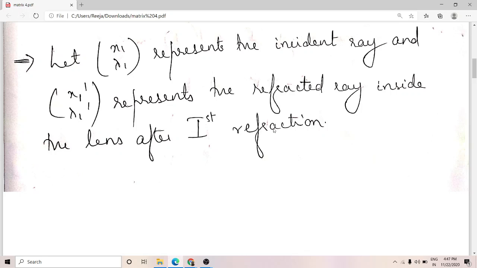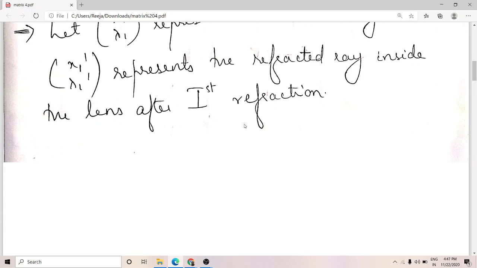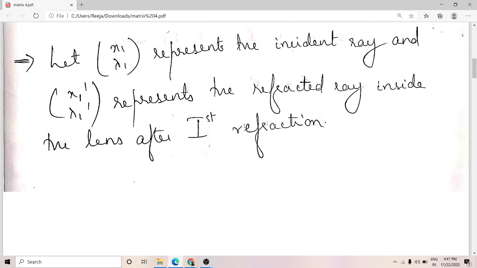If x1 lambda 1 represents the incident ray and x1 dash lambda 1 dash represents the refracted ray inside the lens after the first refraction. First refraction is taking place, then translation, then the second refraction. x1 dash lambda 1 dash is obtained when the refraction matrix operator acts on x1 lambda 1.